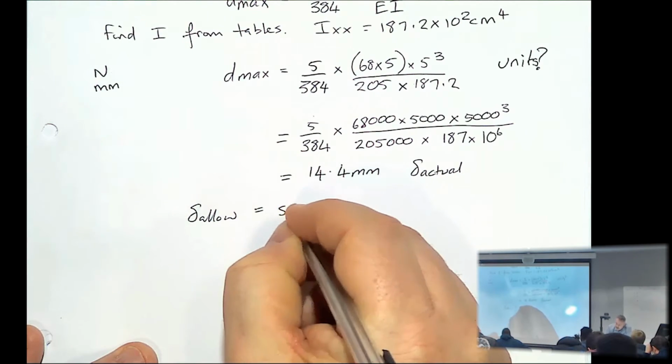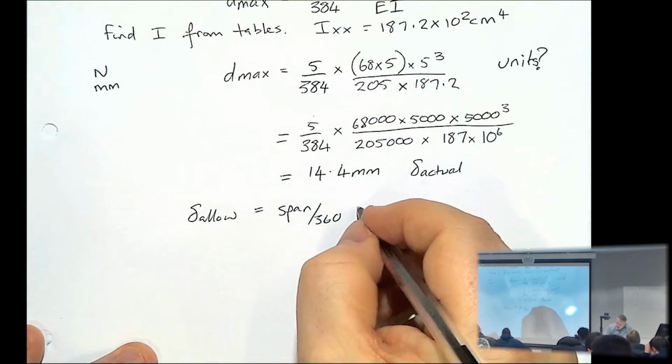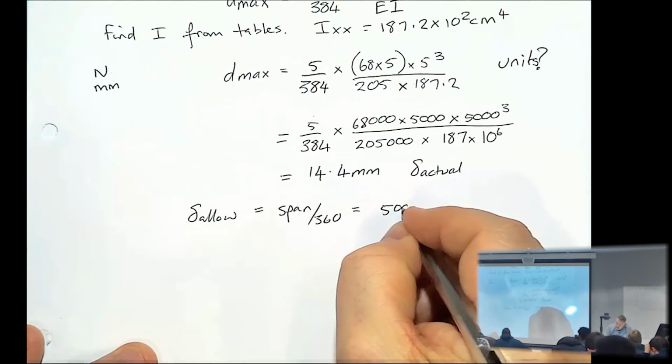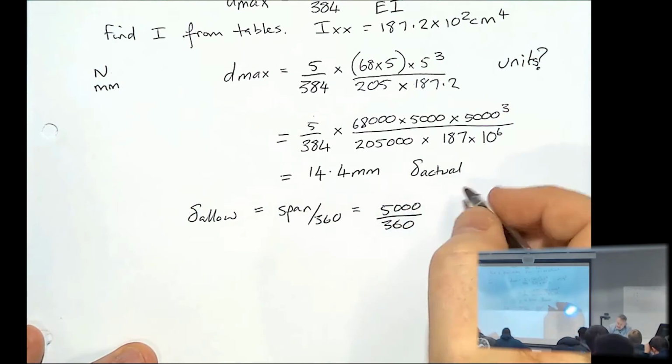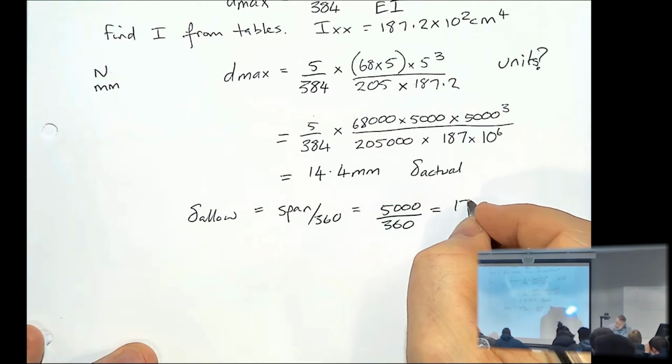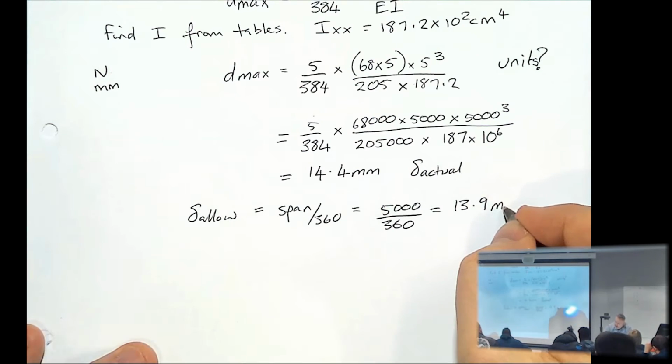So if we did span over 360, it's 5 metres divided by 360. The allowable is 13.9 millimetres.